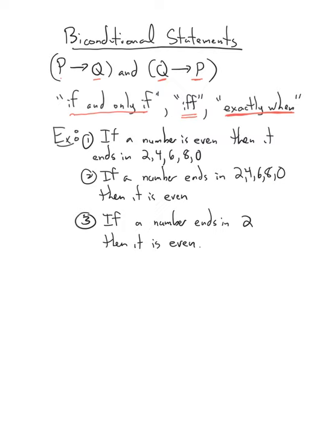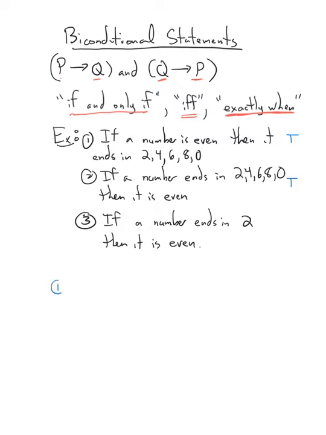If a number ends in 2, 4, 6, 8, or 0, then it is even. So we know all even numbers end in 2, 4, 6, 8, or 0. So this is a true if-then statement. And the converse is also true.